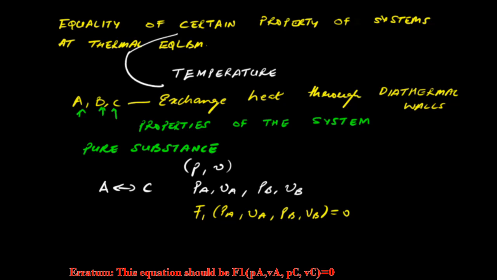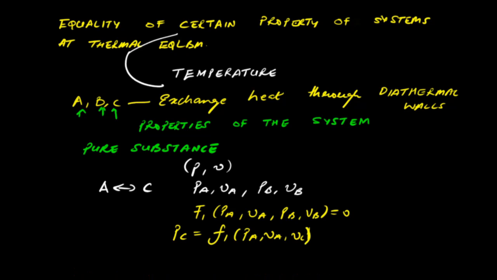Here f1 is some function which will depend upon the type of pure substance that you have. Now this equation can alternatively be written by separating out PC: PC is some function of PA, VA, VC, and we don't know this function f1 because we are just considering some general system which can be described using two properties.